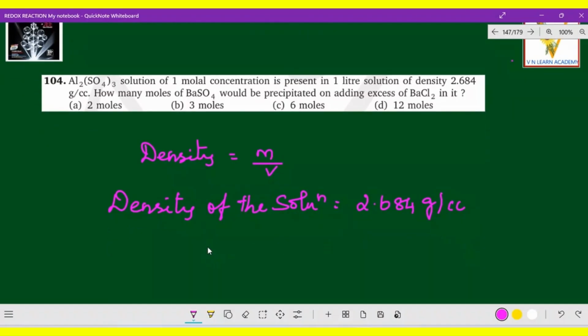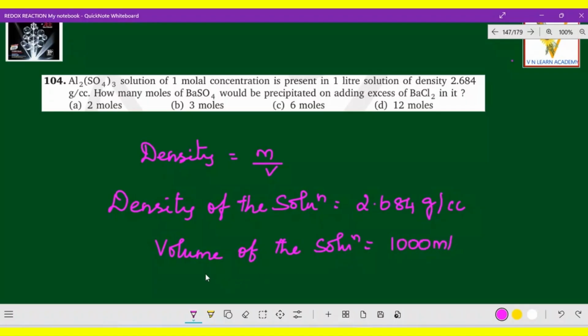Next, the volume of the solution, which they have also provided. It is 1 liter, right? Generally the volume of the solution is easily identified. It is 1 liter, it is 1000 ml.